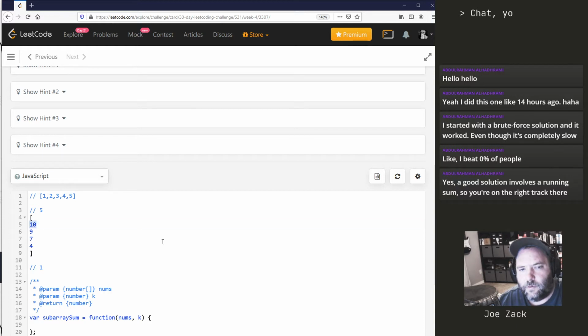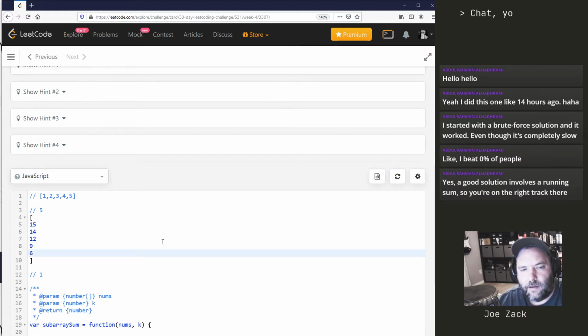And then finally we'll add 5. This is 15, 14, 12, 9, and 5. So we see a 5, so that would be a second. So I don't know, that didn't feel awful.